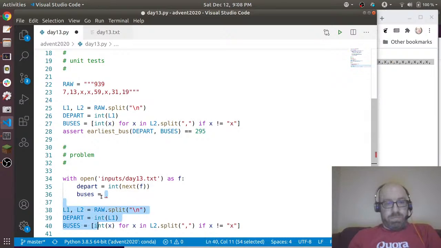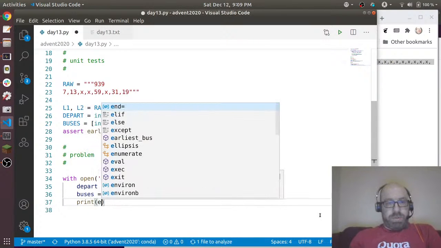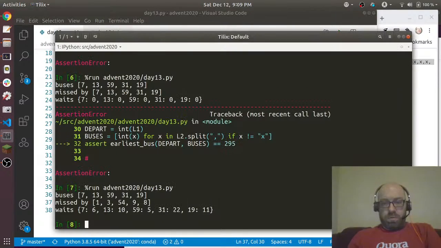We'll see. I don't know if f is an iterator. It probably is. In next f dot split. Okay. And now print earliest bus buses.